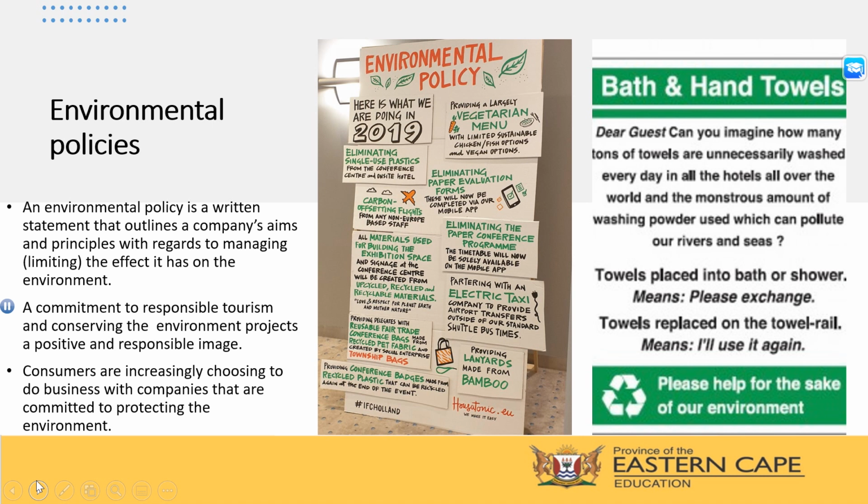If you just have a look at the text at the top there, can you imagine how many tons of towels are unnecessarily washed every day in all hotels all over the world, and the monstrous amount of washing powder used, which can pollute our rivers and seas? And then in the same vein, the consideration that they also have there is for limiting the amount of water that they will use. So therefore, environmental policies are also very important to projecting a professional image of a company.